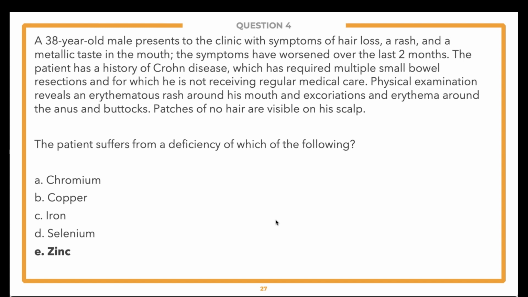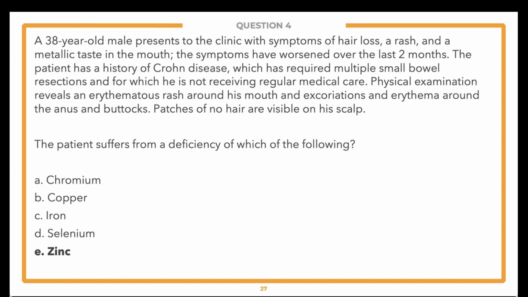And because it plays a diverse role in many processes, it's going to present with various symptoms in multiple body tissues. So the dysfunctional wound healing, the perioral and perianal dermatitis, the abnormal and unpleasant taste sensation, loss of smell, hypogonadism, alopecia, lowered immunity, diarrhea. All of these are potential symptoms, right?